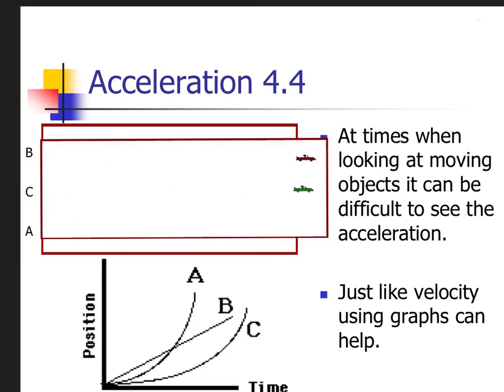And as we can see, at some point, car B and A cross paths, meaning that they are in the same position, but definitely are not going the same speed. At some point, we also see car C eventually speeding up to a point, and it will eventually, probably off the screen, pass car B.